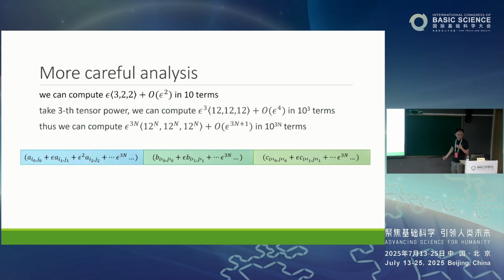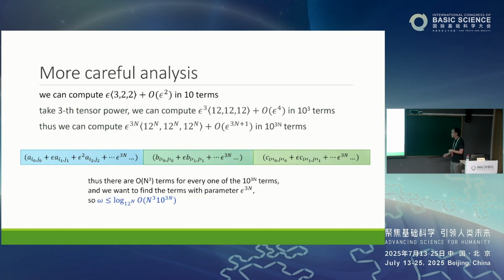But in fact, this is an exact algorithm, not an approximate algorithm. We can compute the exact solution of the matrix multiplication. Because even with epsilon, the degree of the terms is bounded by n.